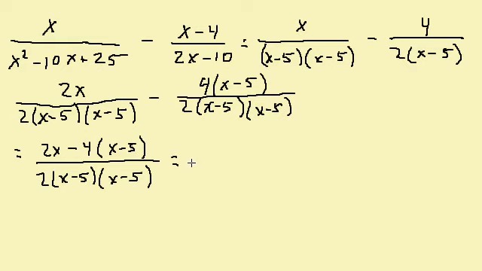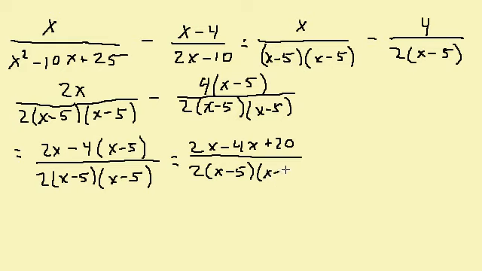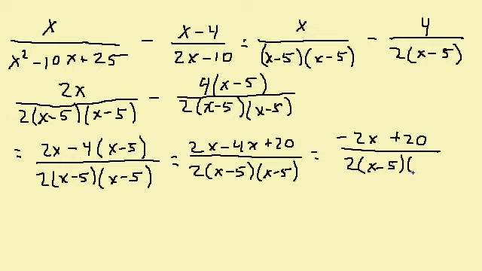So that's going to give me 2x minus 4x plus 20 over 2 times x minus 5 times x minus 5. So I get negative 2x plus 20 over 2 times x minus 5 times x minus 5.